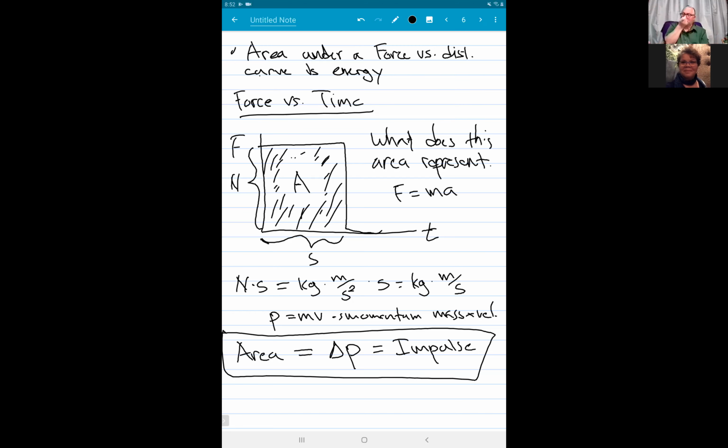You have a little F and a huge M, you're going to get a little A. But the fly has a tiny little mass, so its acceleration has to be huge to balance it out. So the fly experiences a huge acceleration.